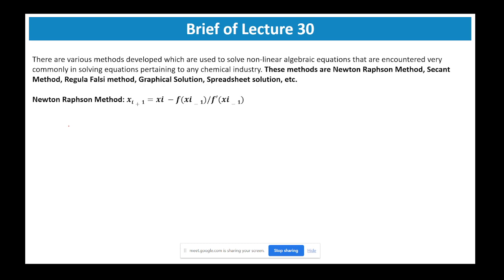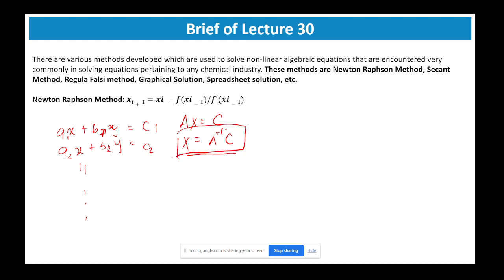For linear equations you already know that if it is a1x plus b1y equals c1, a2x plus b2y equals c2, there can be n number of such equations, and if you want to solve them, you usually write them in the form of a matrix. So AX equals C, and X you can find as A inverse C.